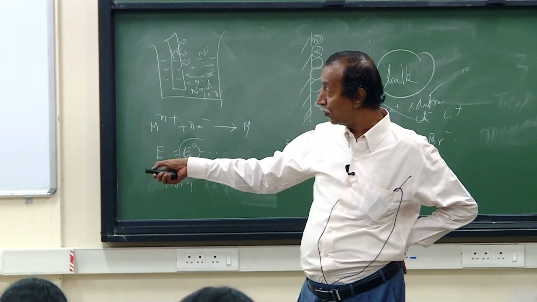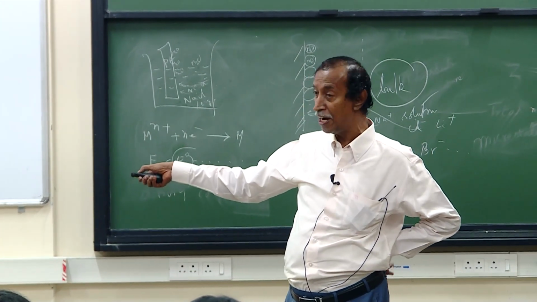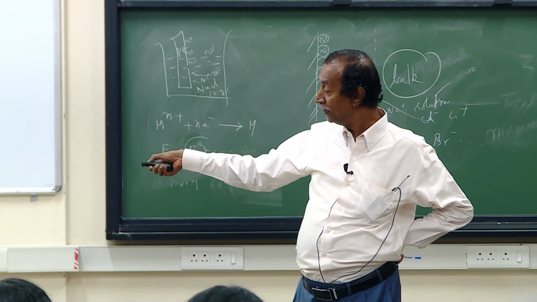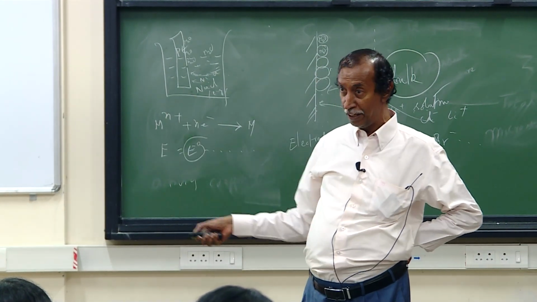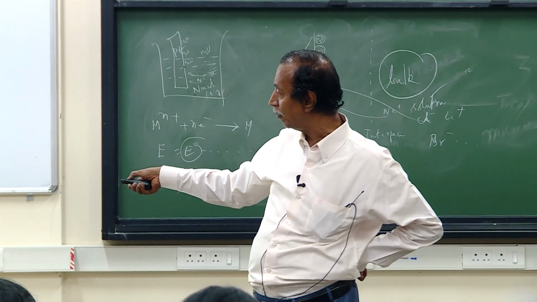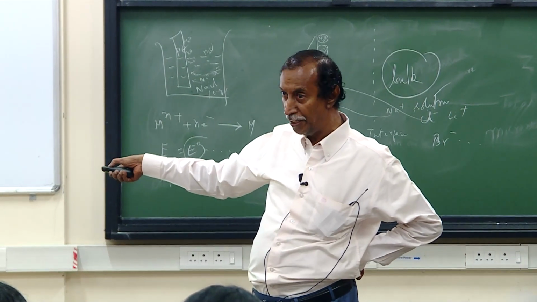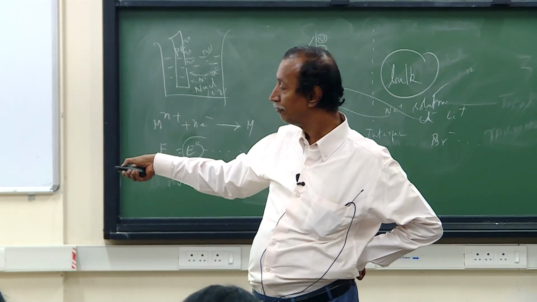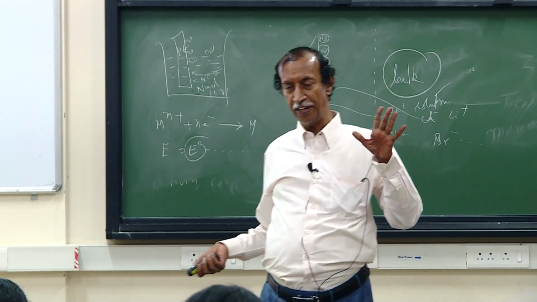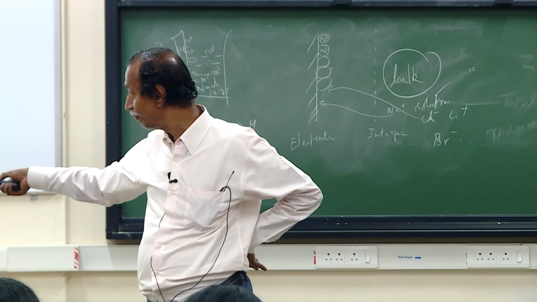Then in 1902, Cottrell came with the equations for diffusion. The Cottrell equation is very famous. Then in 1905, Tafel, very important. The only name we should never forget in electrochemistry is the Tafel equation. I used to tell my MSc students, you can forget anything in the exam except this.